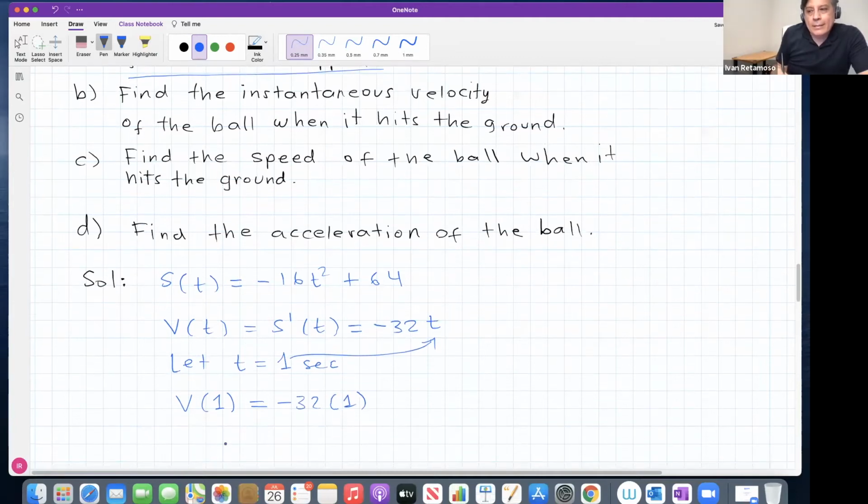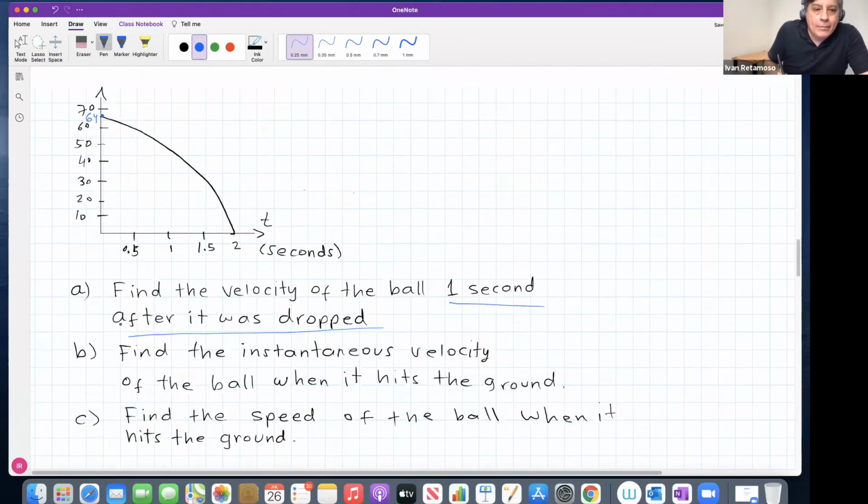So the velocity after 1 second when the ball is falling should be negative 32. In the end, attach the units. They are measuring distance in feet and time in seconds, so negative 32 feet per second should be the velocity after 1 second.